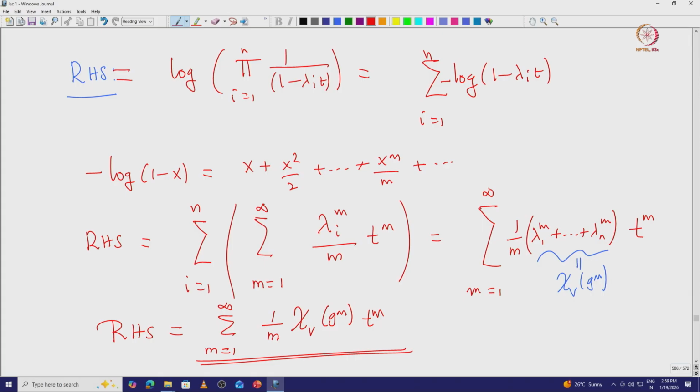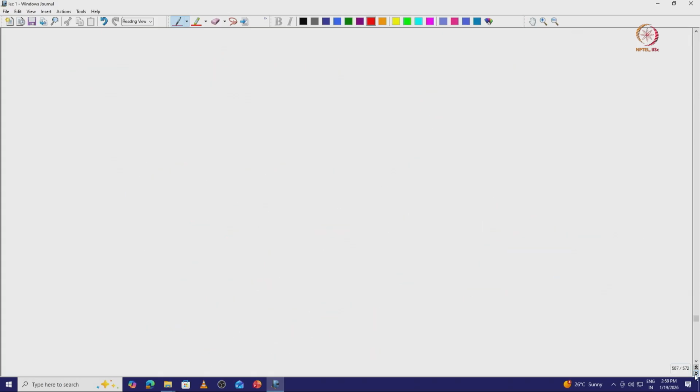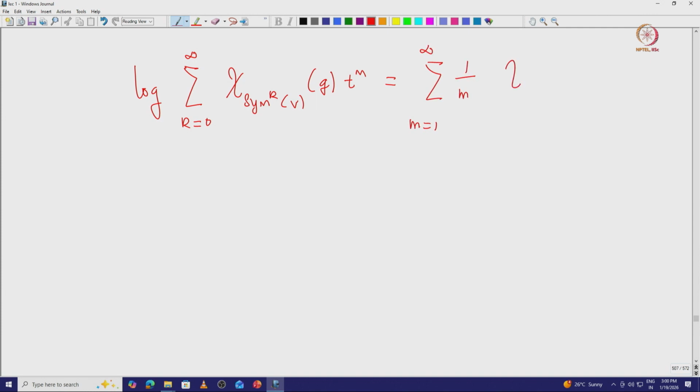Now this actually tells us that the log of the summation k from 0 to infinity of chi of Sym^k V evaluated at g, t power k, is exactly equal to the summation m from 1 to infinity of 1 divided by m, chi_V of g power m, t power m.